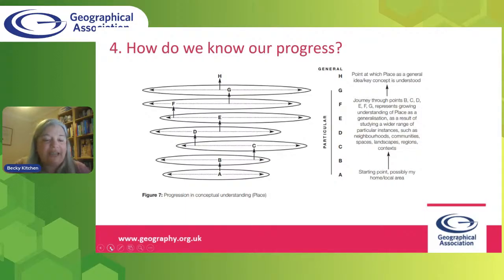But you can also see that each layer is elongated. And so that means there have to be several opportunities within the same layer to understand that idea of place before moving up to the next layer. So by the time we get to H, we've got quite a sophisticated understanding. At A, we're starting off really quite locally and with something quite tangible.